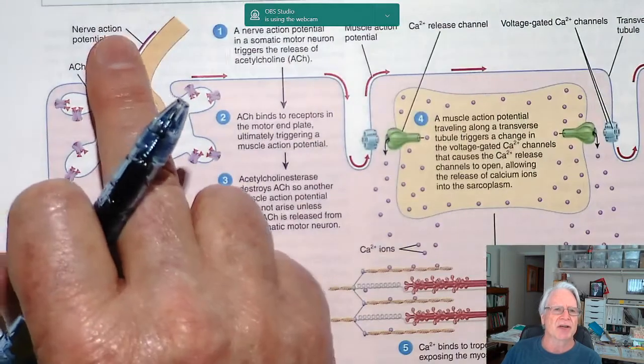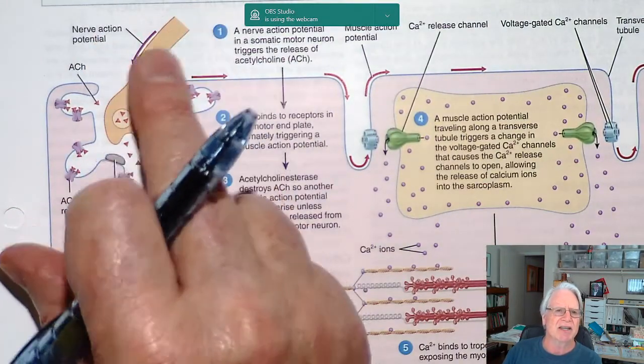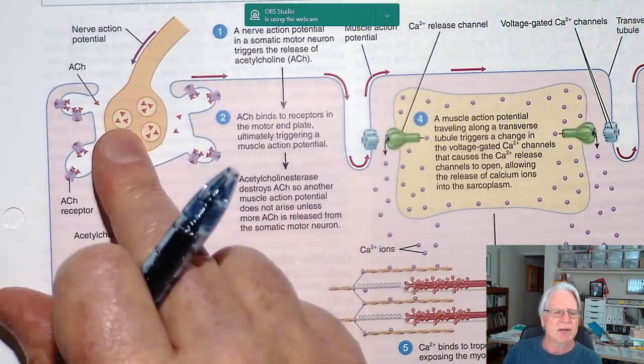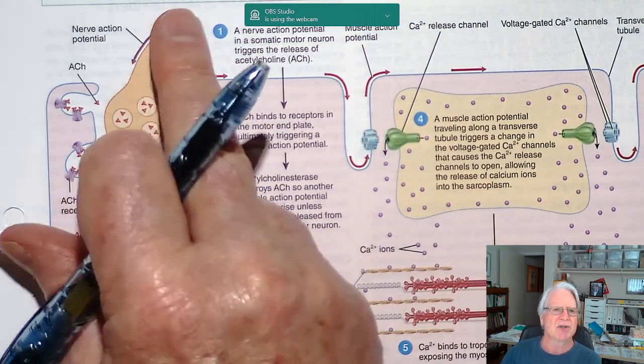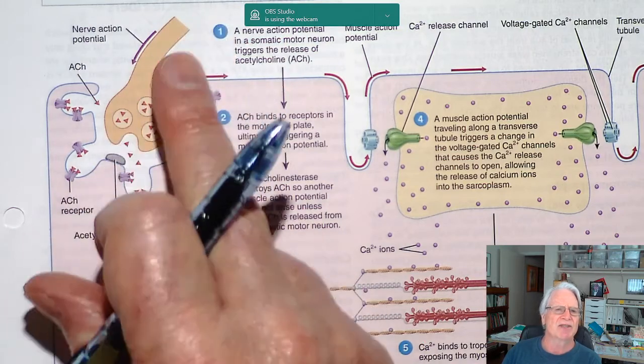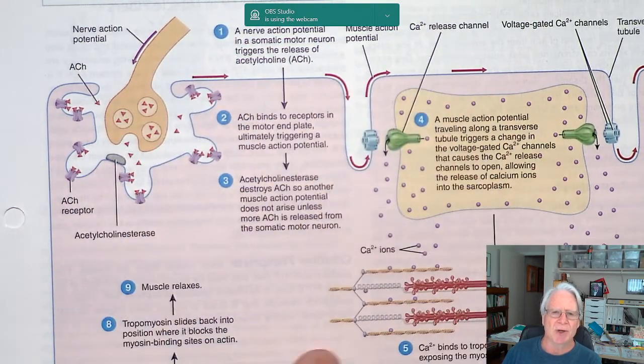And that cycle we just talked about will repeat itself over and over again until we stop stimulating the cell with the neuron. So the neuron has to constantly send a signal to the muscle cell for this whole thing to happen. As soon as the signal from the motor neuron stops, it's going to interrupt the whole flow of things.